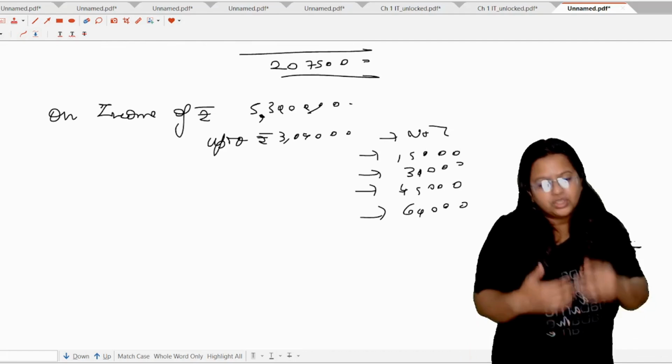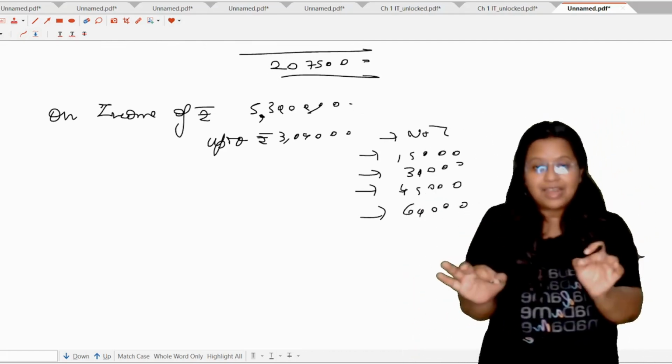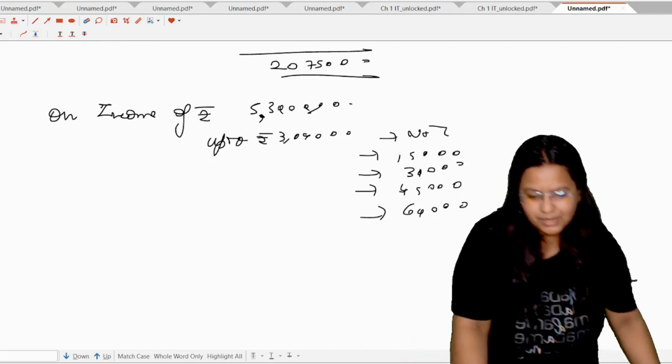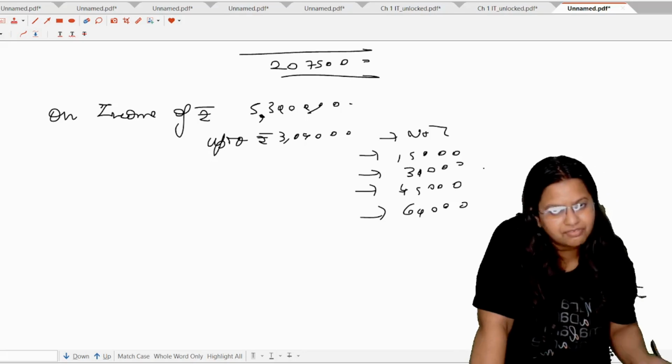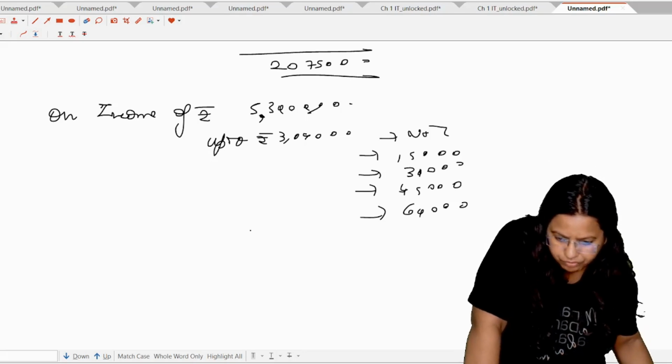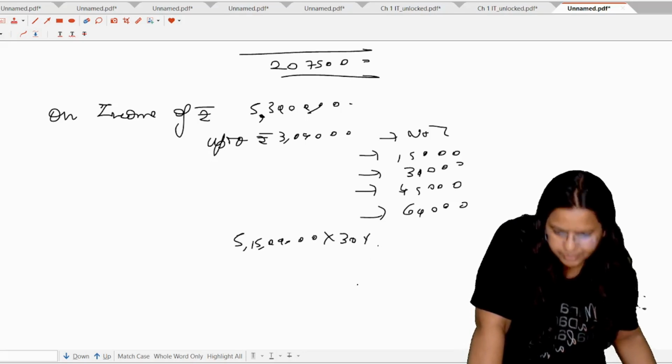Next, more than rupees 15 lakh, the tax liability shall be flat 30%. So it means in the 5 crore 30 lakh total income, on 15 lakh we have applied the tax rate. The balance is 5 crore 15 lakh. On 5 crore 15 lakh, the tax liability shall be 30%.